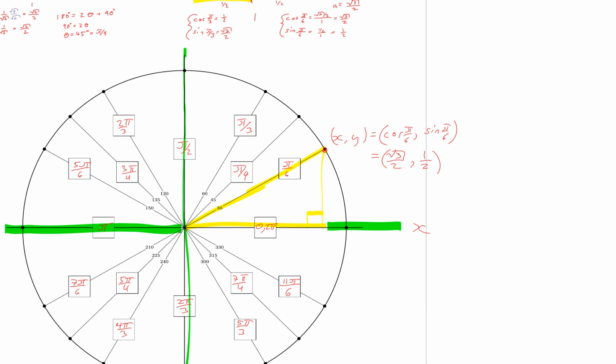Okay, so we'll go back to the x and y coordinates for each of these in a second. You're going to have to remember all the angles in the first quadrant right here. Just remember pi over 6 is going to be less than pi over 3. So it goes pi over 6, pi over 4, pi over 3, then pi over 2. Notice this angle right here correlates with this angle here, so it has the same number in the denominator.